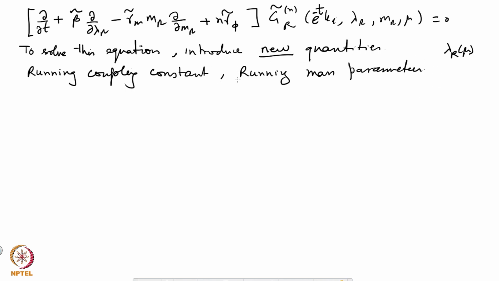Similarly, this running mass parameter you should not think of as physical mass. Physical mass is always obtained by looking at the pole of the propagator, so that is not something you should confuse with. So what's the definition of running coupling constant? It's also called effective coupling constant.